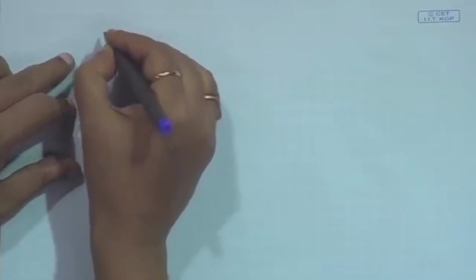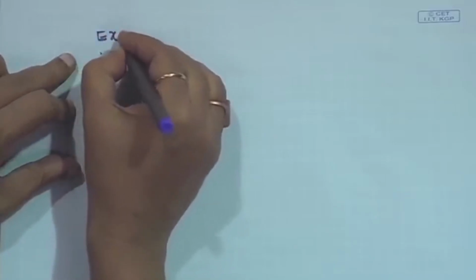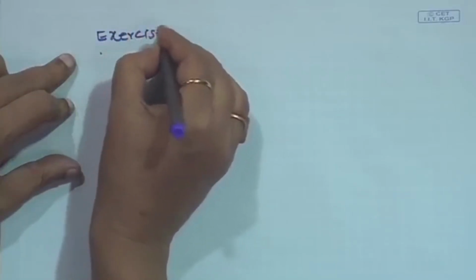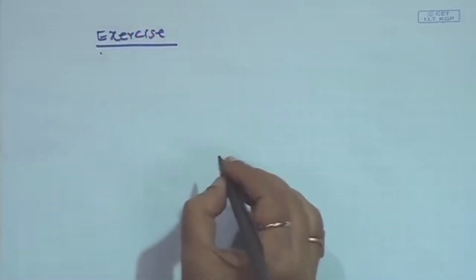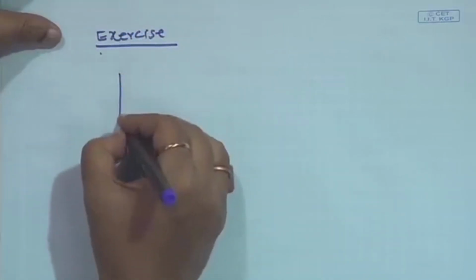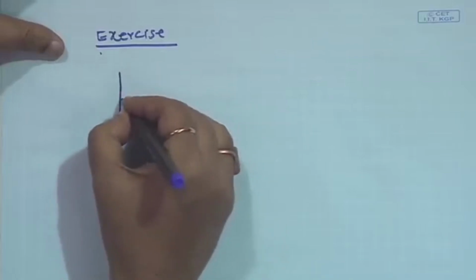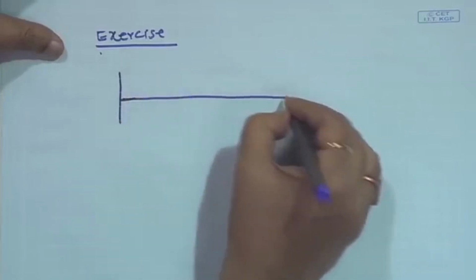But before that, I am giving one exercise to all of you, and you try to do this. We will study all these things, but in advance I am giving it.